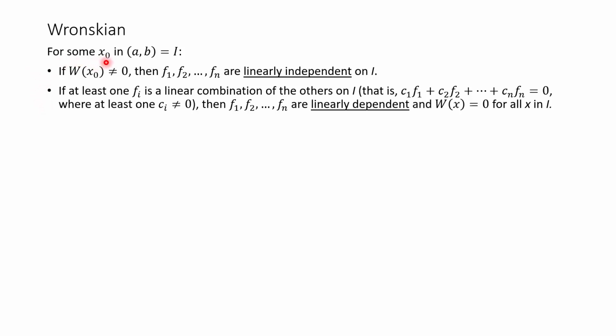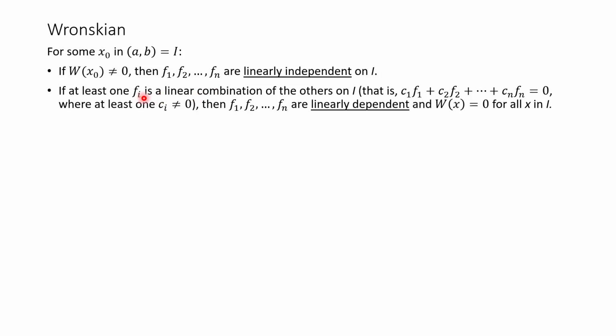So for some x naught in some interval, I'm just calling it a to b, if the Wronskian of that value is not 0, then our functions f1, f2, and so on are linearly independent on that interval. Then if at least one of our functions is a linear combination of the others, another way to say that is that if we can write this equation here, c1 times f1 plus c2 times f2 and so on equals 0, and as long as one of these coefficients is not 0, so they just can't all be 0, then that's a linear combination.